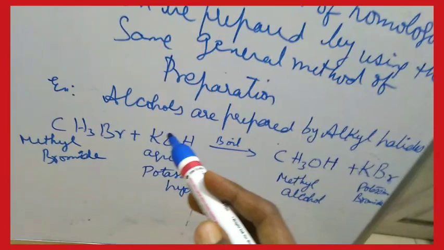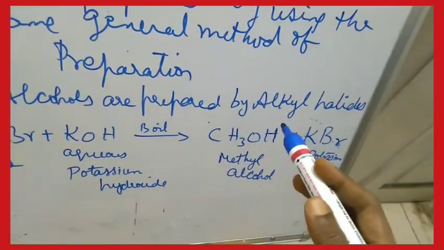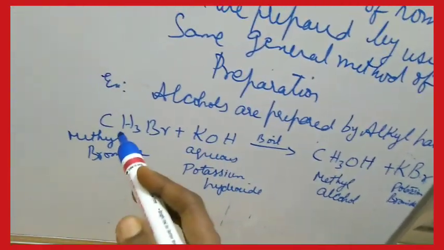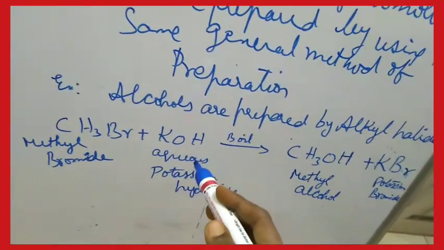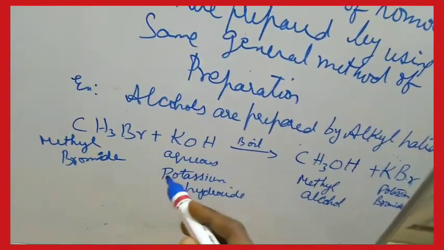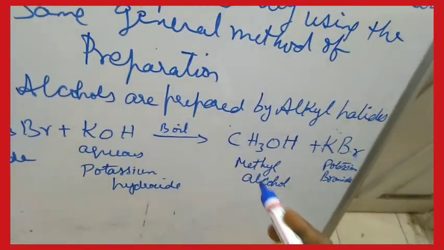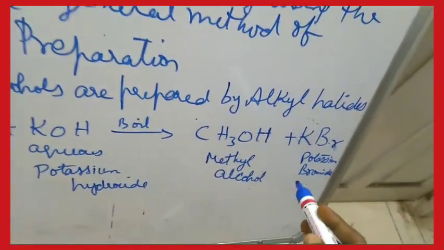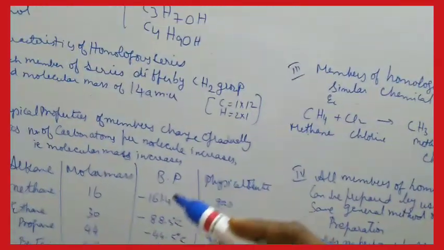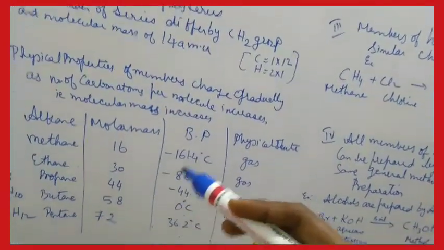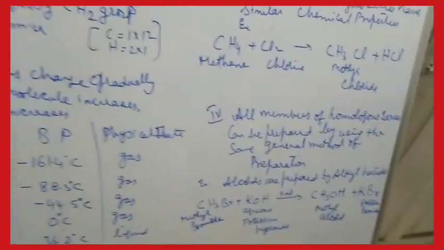For example, alcohols are prepared from alkyl halides. For example, if you take methyl bromide, CH3Br plus aqueous potassium hydroxide, KOH, if you boil them, you will be getting methyl alcohol and potassium bromide. So this is about the characteristics of the homologous series. It is very, very important.